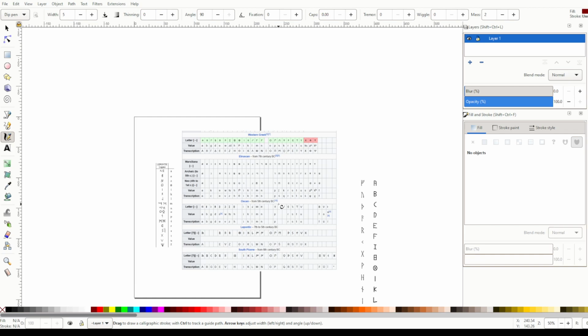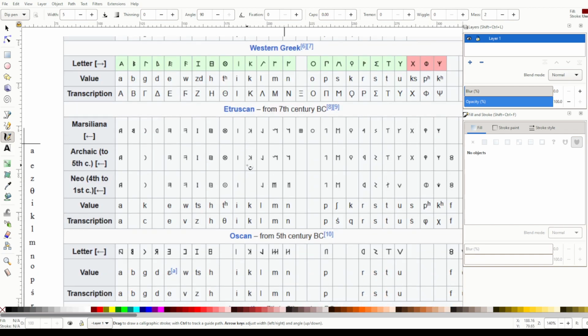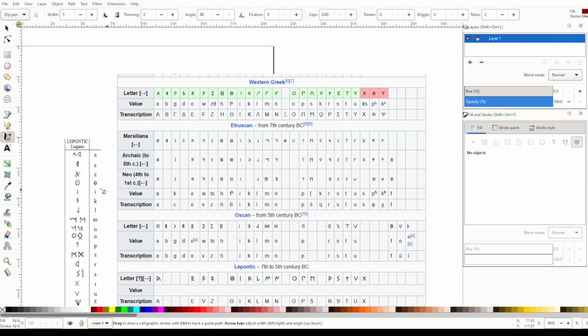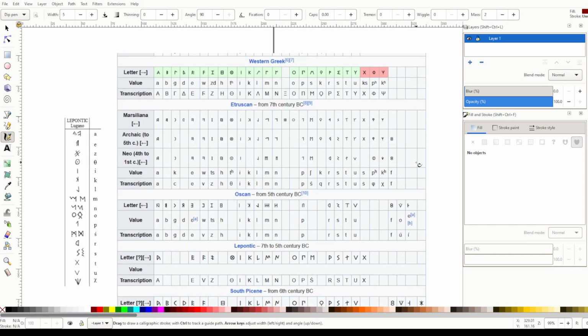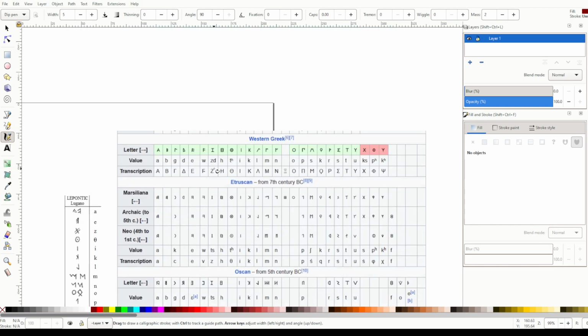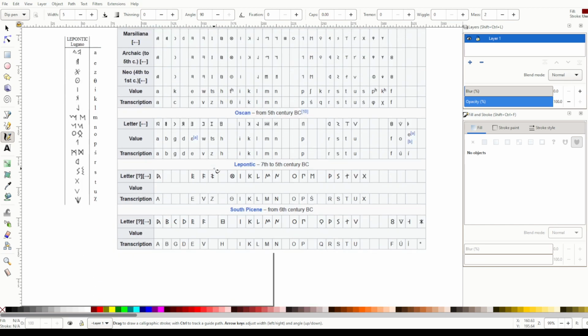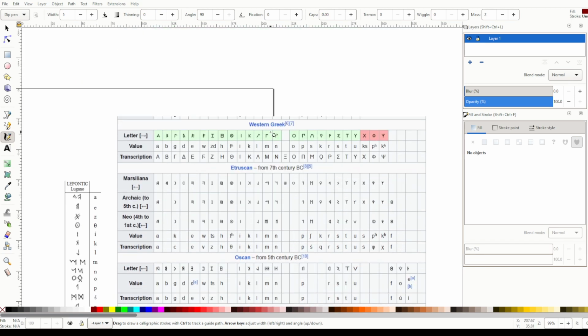Etruscan is Indo-European, I don't think it's some other pre-Indo-European language. But a lot of these, I think, are for Italic or Celtic languages. Greek is Hellenic.